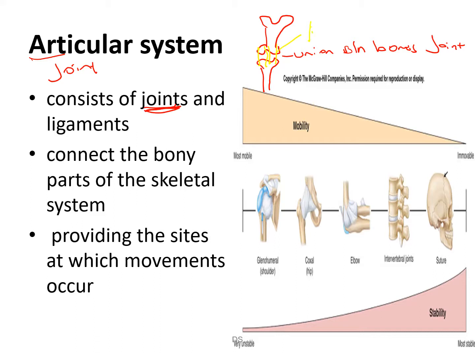The ligament. Therefore, a system which is concerned with the joints and the ligaments is the articulatory system. It connects the bones, and its function is in movement.